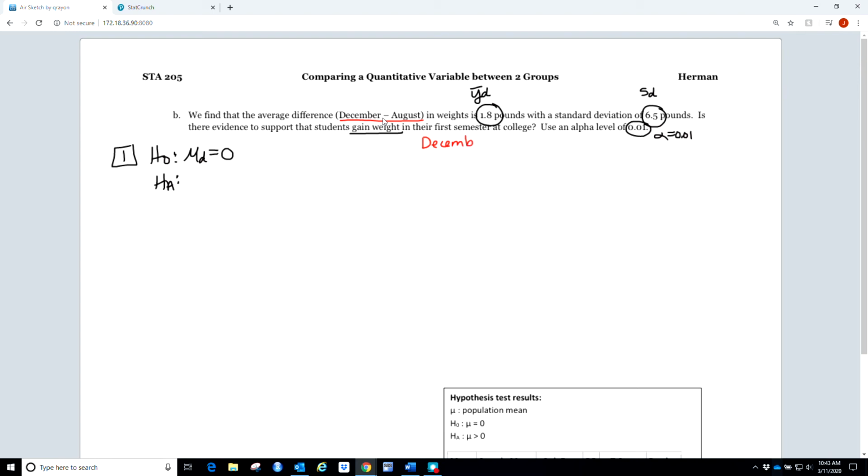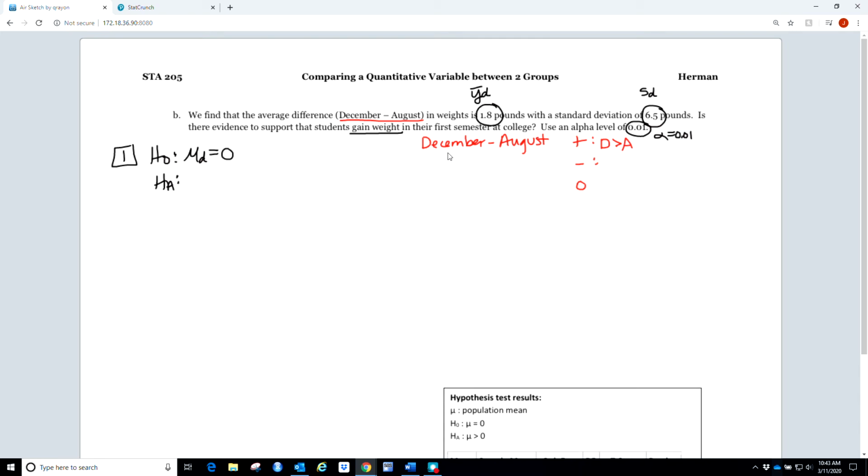So if our order of subtraction is December minus August, three things could happen. We could get a positive number, a negative number, or 0. If I get a positive number, the first thing listed has to be bigger. So the December would be greater than August.